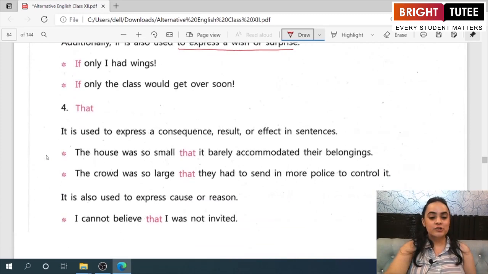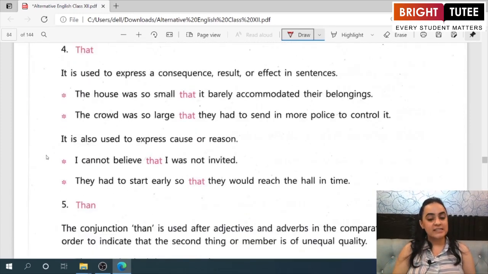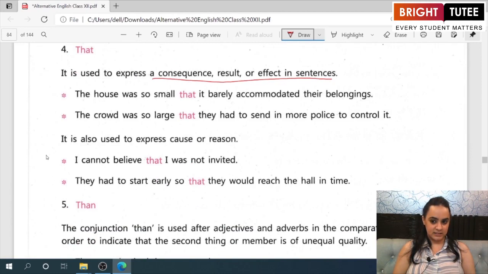The next conjunction that we talk about is "that". It is used to express a consequence, result, or effect in the sentences. The effect of something, the consequence of something, the result of something. The house was so small that it barely accommodated their belongings.